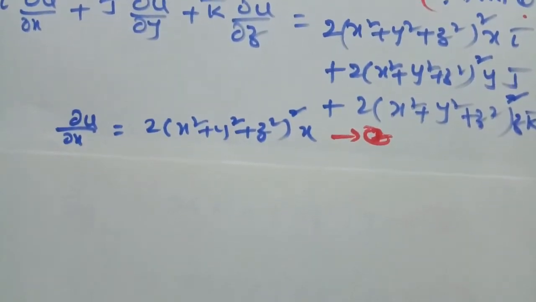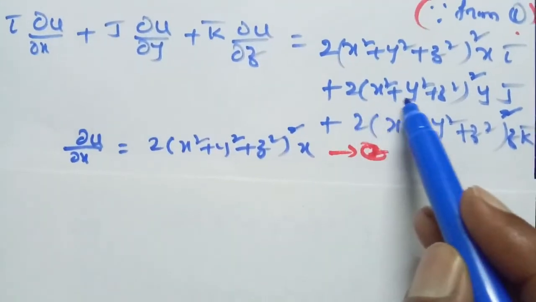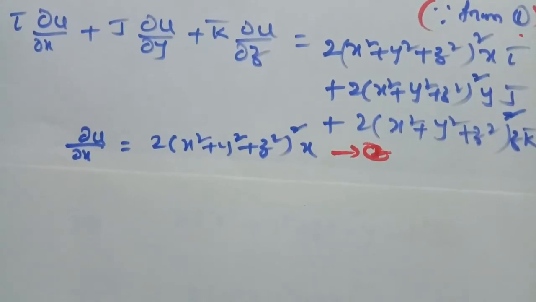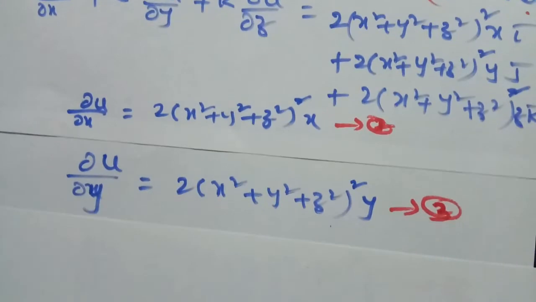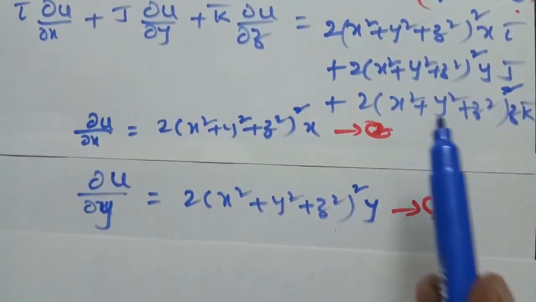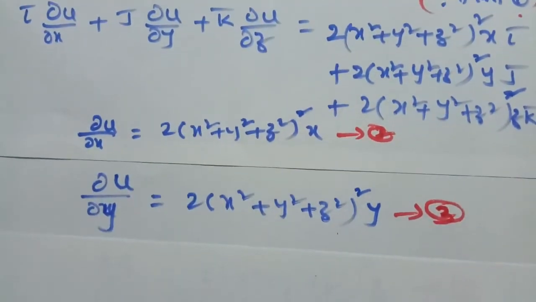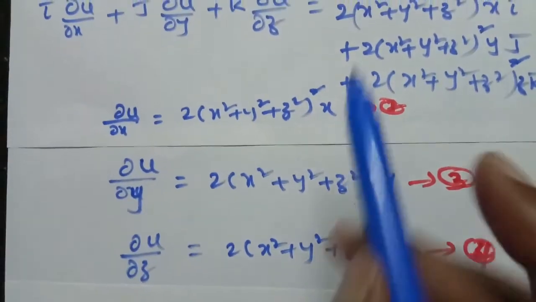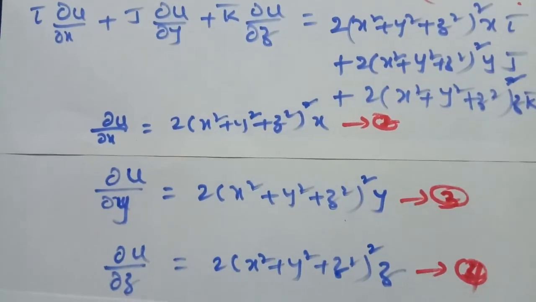Next, the component of j bar: ∂u/∂y is equal to 2(x² + y² + z²)² y. Say this is equation number 3. Next, the k bar component: ∂u/∂z is equal to 2(x² + y² + z²)² z. Say this is equation number 4.